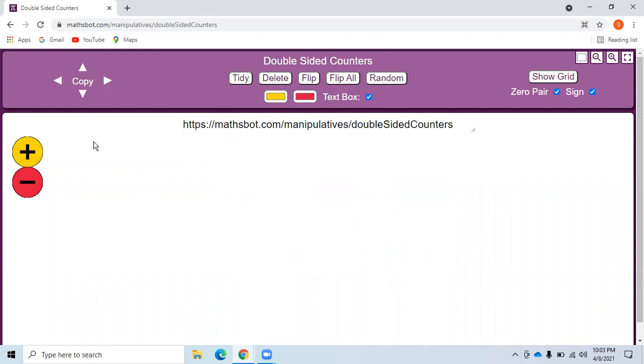Okay. Is there some way to show 0 using counters? Absolutely. By using 0 pairs. A positive and a negative, a number plus its opposite is equal to 0. If I have 4, and I add a 0 pair to it, has the value changed?